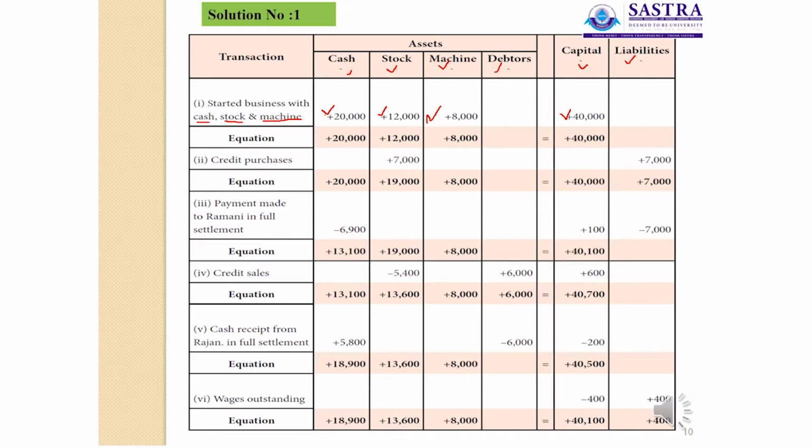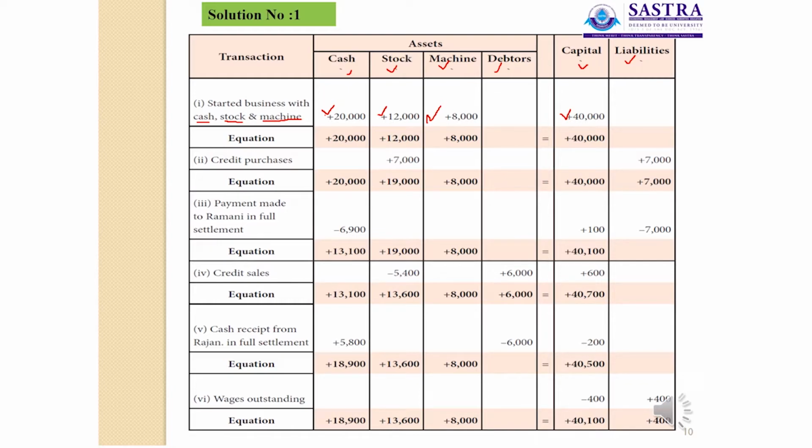The asset value increased: cash 20,000, stock 12,000, machinery 8,000. The total value of 40,000 is also increased. The amount of capital is also increased by rupees 40,000.